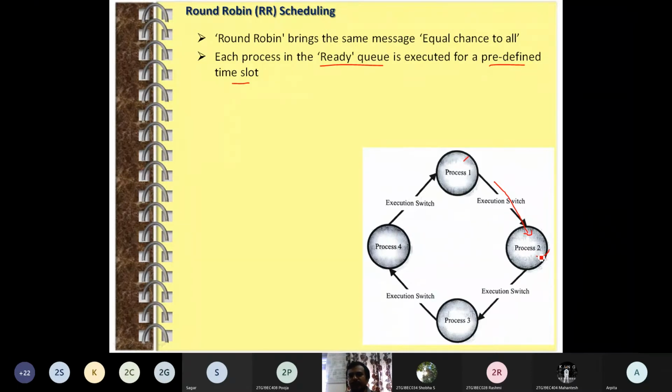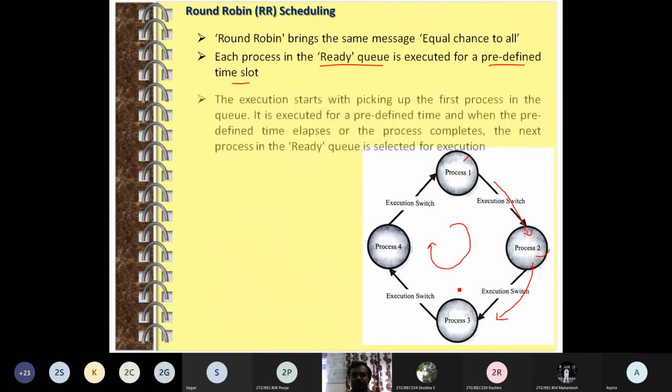After completion of the specified time period, it switches from process 2 to process 3, and after process 3, process 4. After process 4, if process 1 still has to be executed, it is switched back to process 1. Until all processes are complete, this loop will continue. This is the fashion of round robin scheduling.